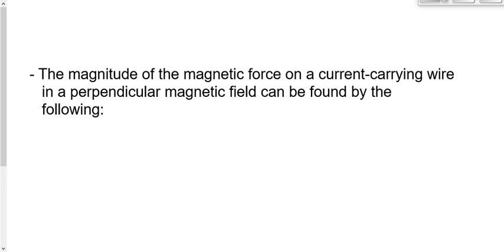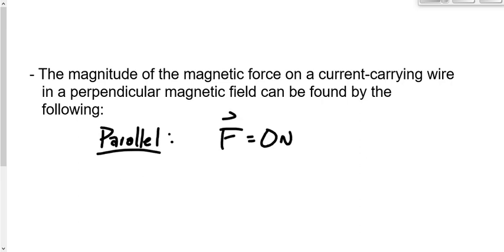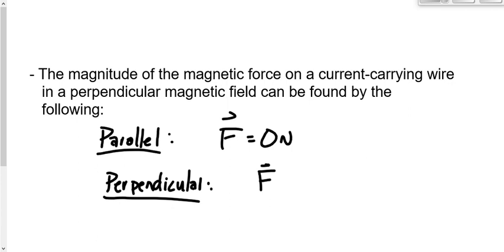So if they're parallel, don't even worry about it. And if they're not perpendicular or parallel, there is a force, but we don't have to worry about it in Physics 30. Look, if they're parallel, there is no force. Don't worry about a hand rule. Don't worry about an equation. If they're perpendicular, then yeah, you've got to worry about a hand rule. It's the hand rule for deflection, but you've also got to worry about a force.